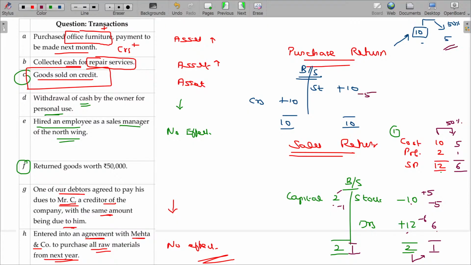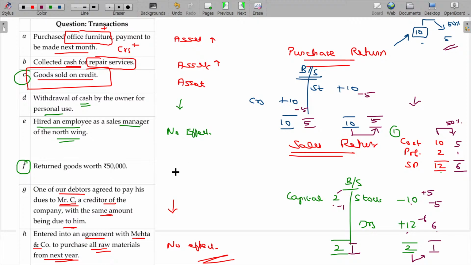Stock decreases by 5, creditors decreases by 5. Now what about the new total of the assets? 5. New total of the liability side? 5. Now what could be the impact on the asset side before and after this transaction? Earlier it was 10, now it is only 5. So there is a decrease.